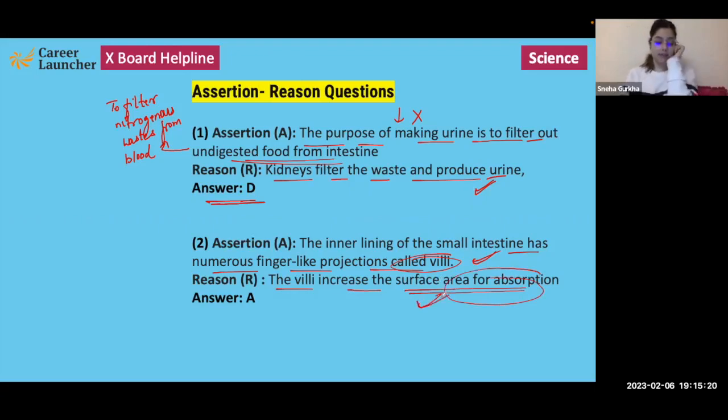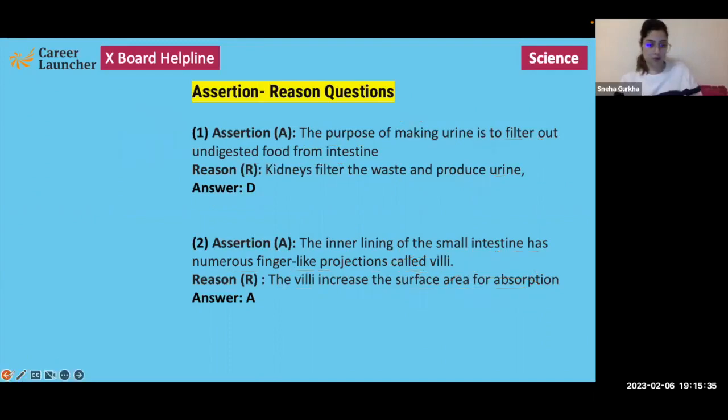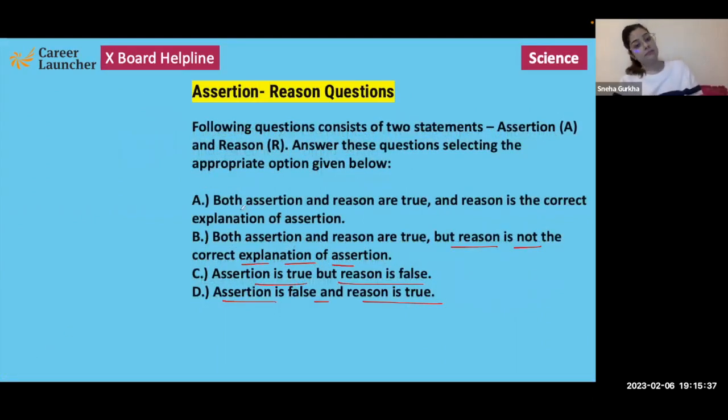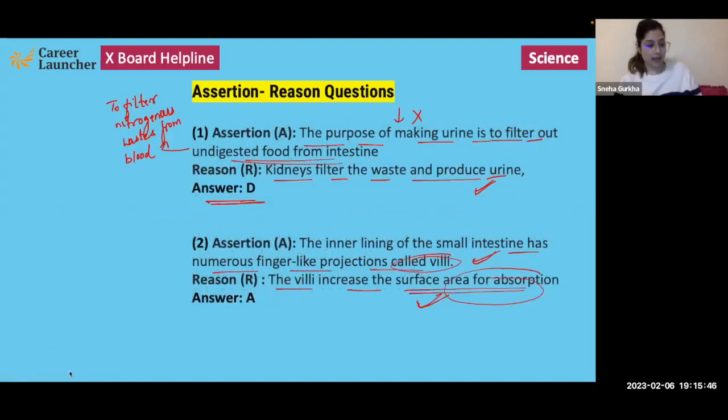This statement is also true. And apart from being true, it is the correct explanation for the assertion. It very well explains the assertion. So the option that we are going to choose here is both assertion and reason are true, and reason is the correct explanation for assertion. So we are going to go with option A on this one.